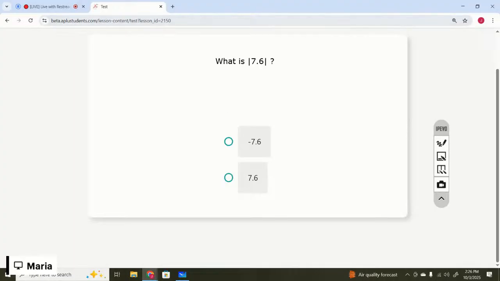What is the absolute value of 7.6? The absolute value of 7.6 is 7.6. Option number 2 is the correct option.